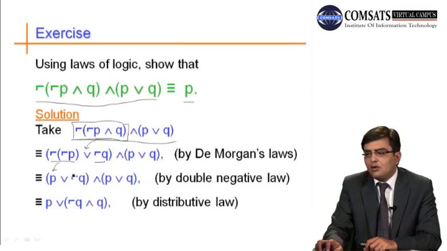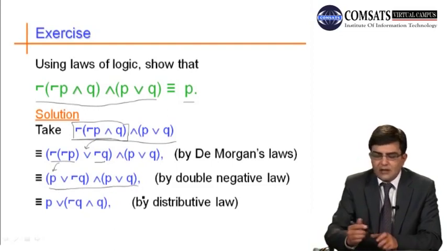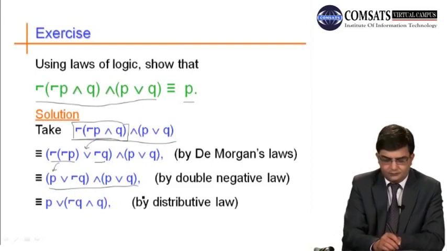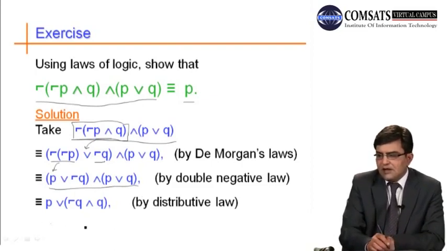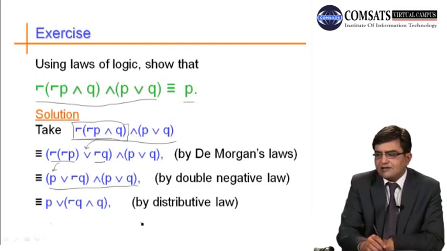Here we have P or not Q, and P or Q. Now we can apply the distributive law, which is P or (not Q and Q).